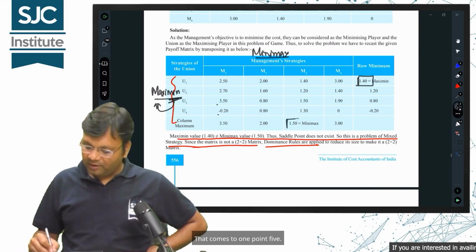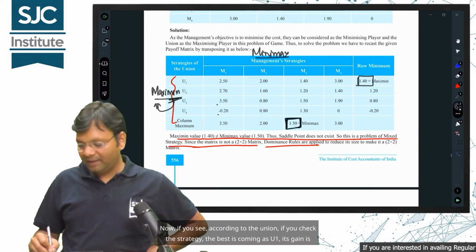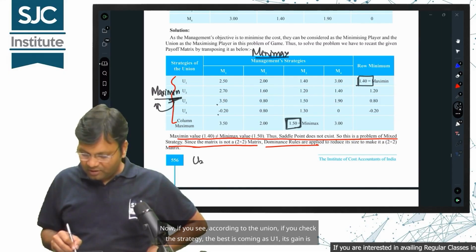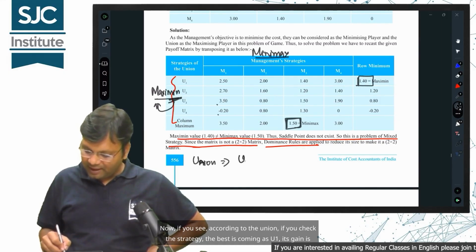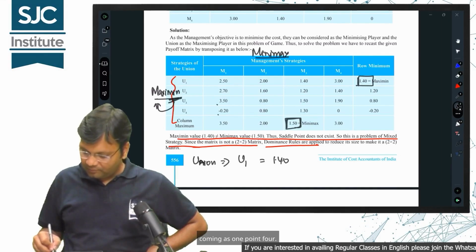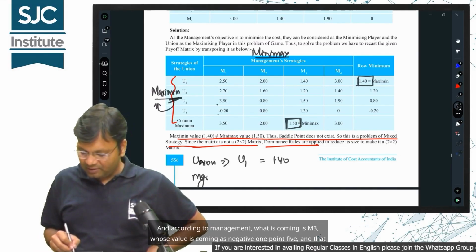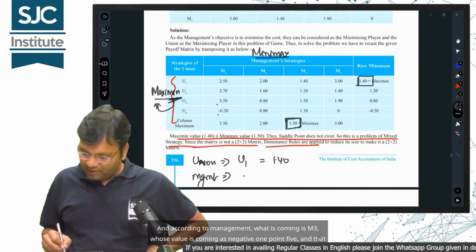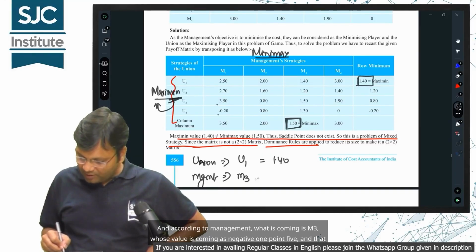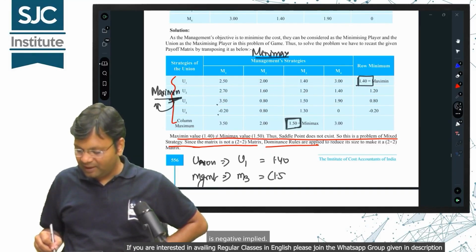That comes to 1.5. Now, if you see, according to the union, if you check the strategy, the best is coming as its gain is coming as 1.4. And according to management, what is coming is M3 whose value is coming as negative 1.5 and that is negative implied.